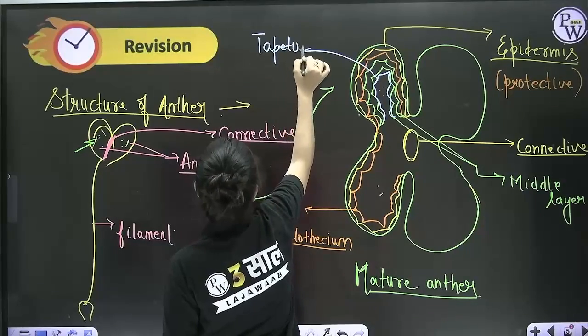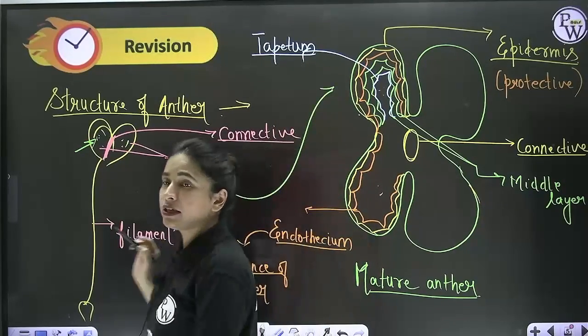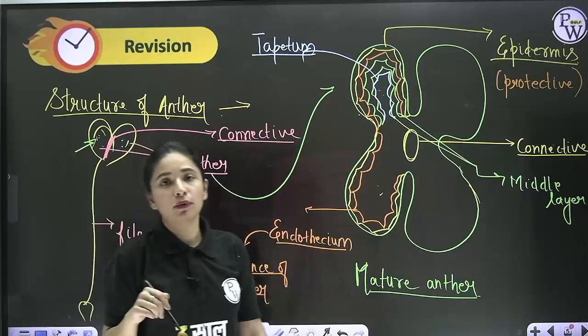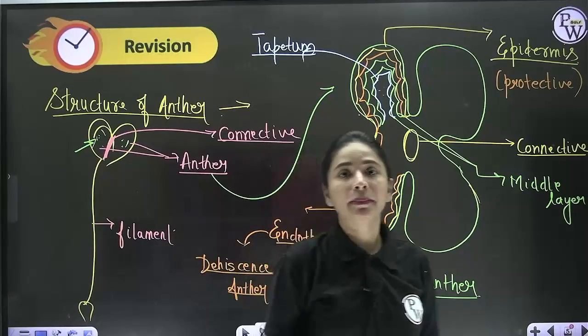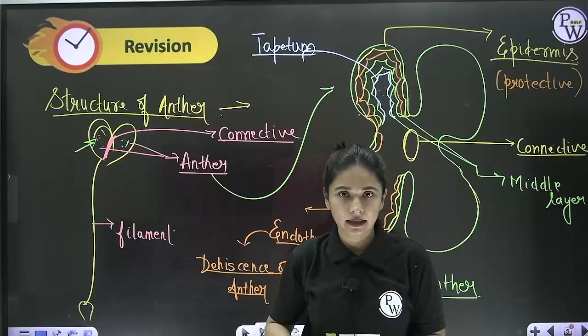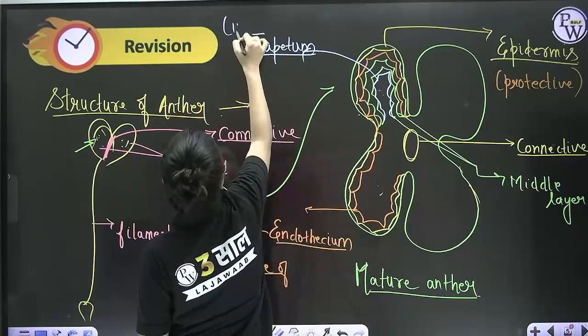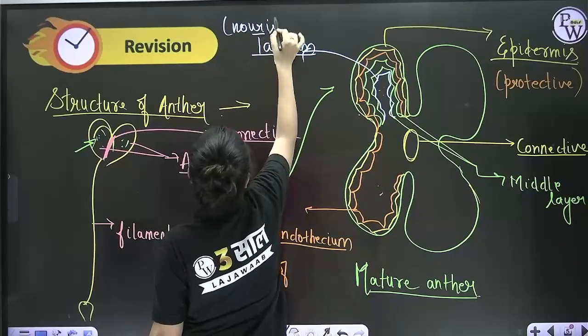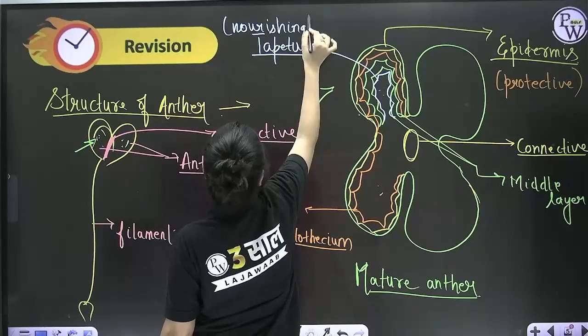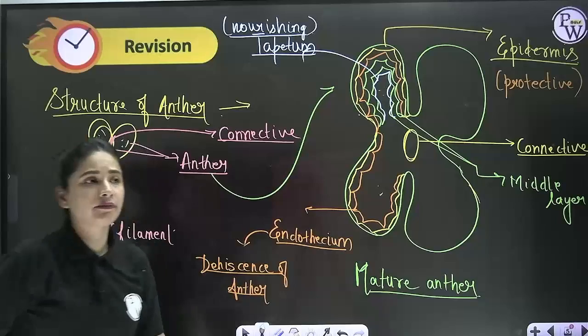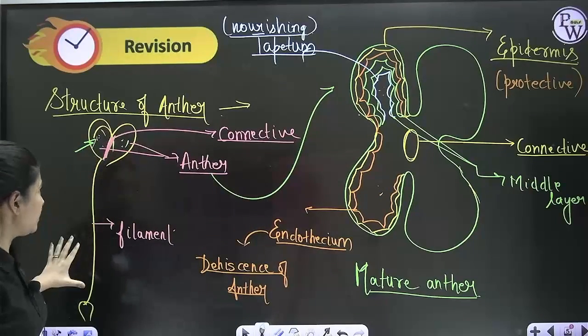Now this layer is important. Why? Because it is the nutritive layer. It provides nutrition to the developing pollen grains underneath it. Correct? So this is the nourishing layer. Got my point, everyone?